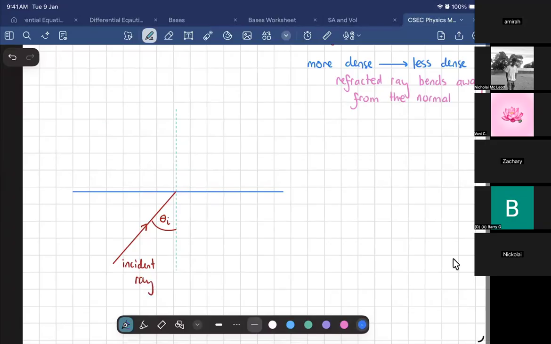Now, let's just say that this over here is water, and this is air. If I'm going from water to air, tell me what is suitable. Would the refracted ray look like that? Would it look like this?